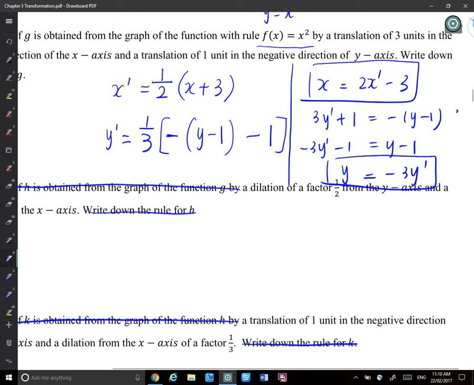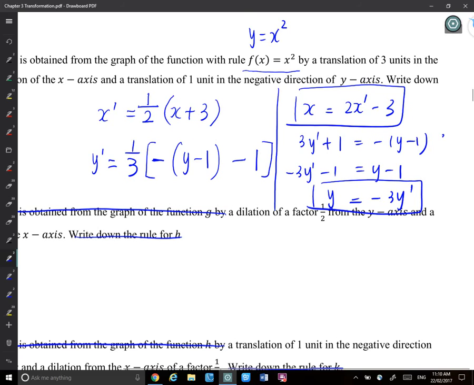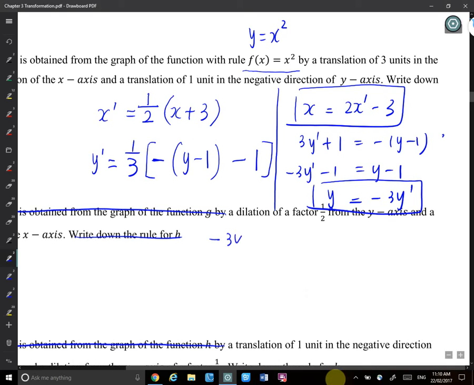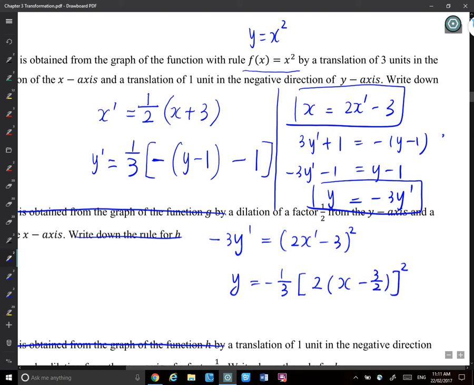Okay, let's put that into the original equation. So it's negative 3y dash equals bracket 2x dash minus 3, the whole thing squared. So y equals negative a third. Okay, I'll take a 2 as common factor, and then that's x minus 3 on 2, then whole thing squared.